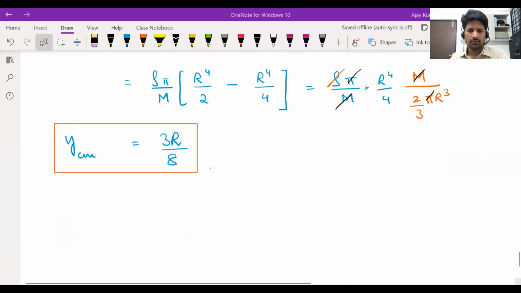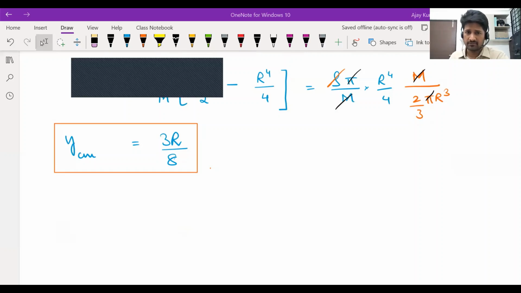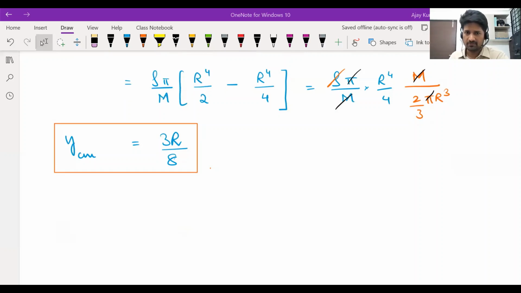So what we did is kind of like this. We considered the solid hemisphere as a collection of disks like this.